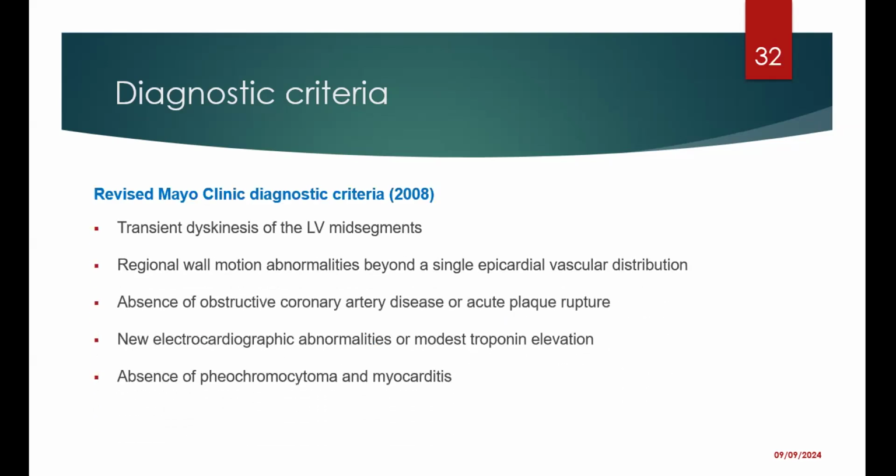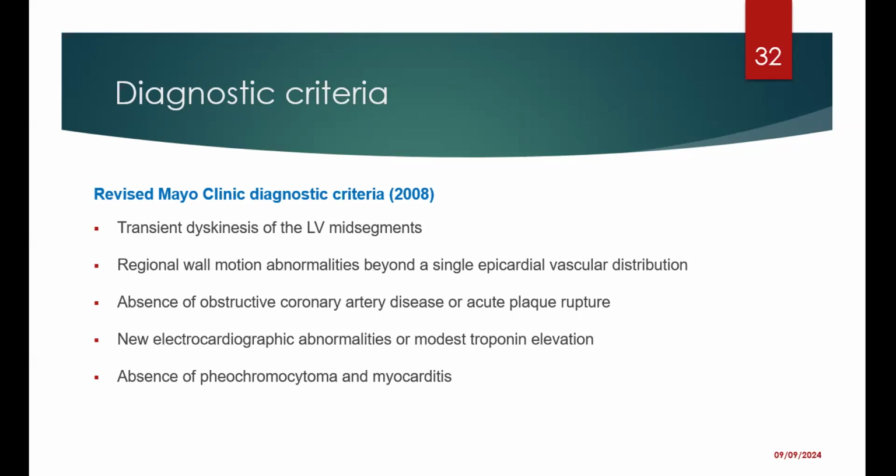So this is the revised criteria of the Mayo Clinic for the diagnosis. One, there has to be a transient dyskinesis of the LV mid segment, and there also has to be regional wall motion abnormality beyond a single epicardial vascular distribution.